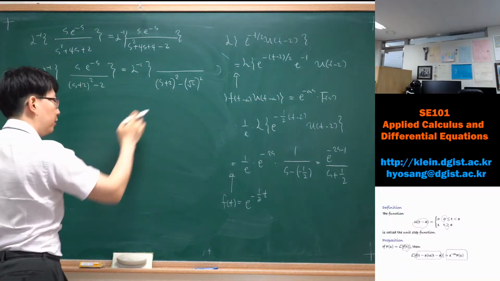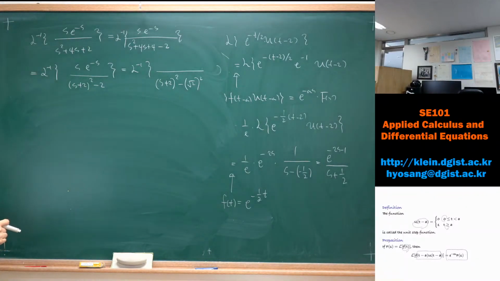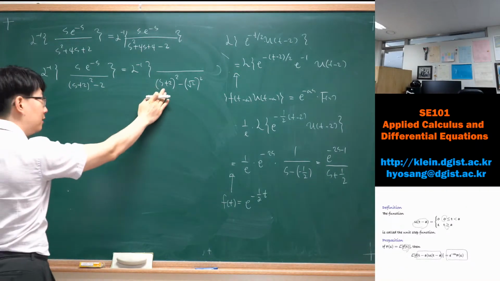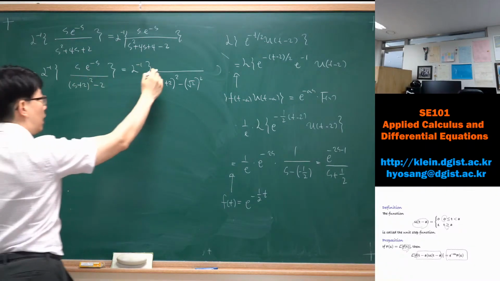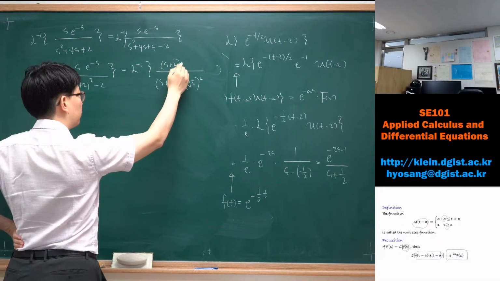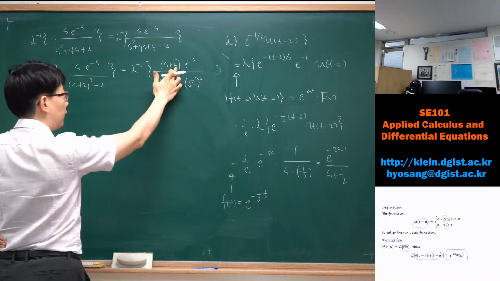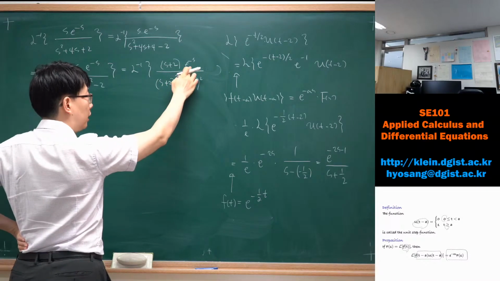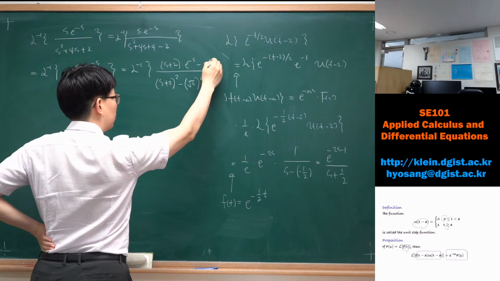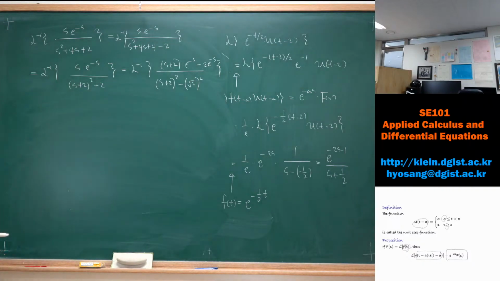I have s plus 2 instead of s in the numerator. If this were s, that's okay, but now it's too different. So I need s plus 2, times e to the minus s. But if I change to s plus 2, I added 2 more, so I have to subtract it. Okay?